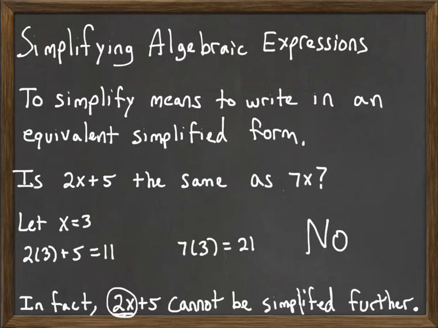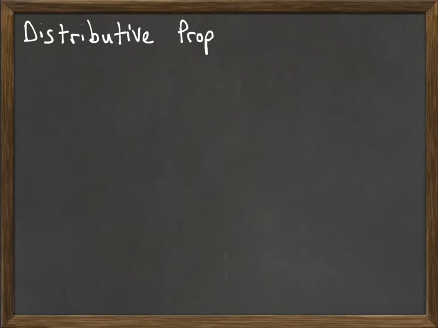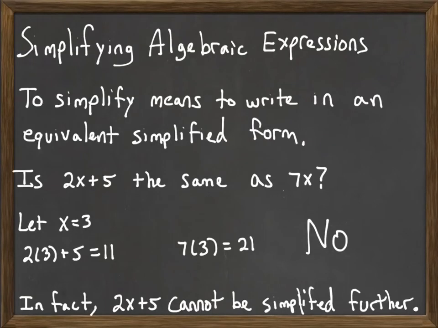Since we don't know what x is, we don't know its numerical value, we can't simplify that, and so we can't add the 5. So again, a very important first thing here: if you have an expression like a variable term and a number term, we can't put those together, ever.